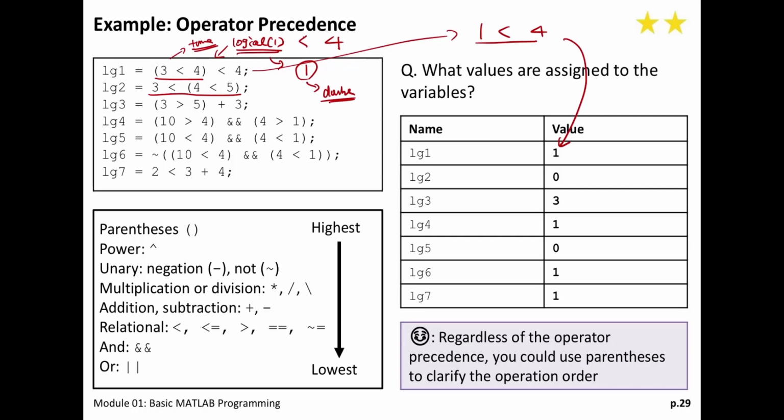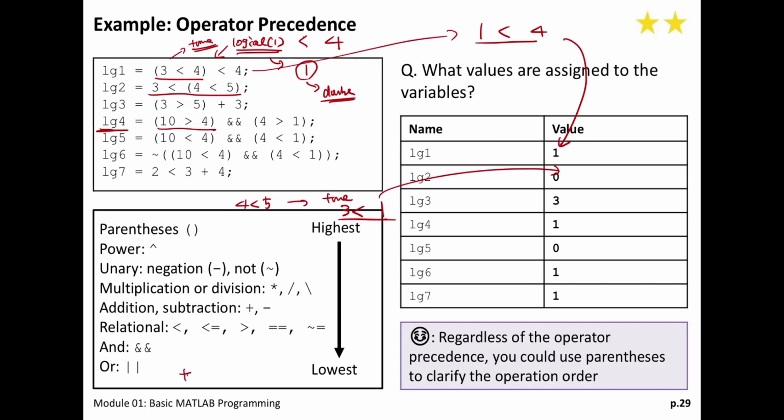What about this one? There's a parenthesis, 4 less than 5. That is true. So it is implicitly converted to the double 1. 3 is less than 1. That's why false. Make sense? Okay. What about this one? 10 is larger than 4.